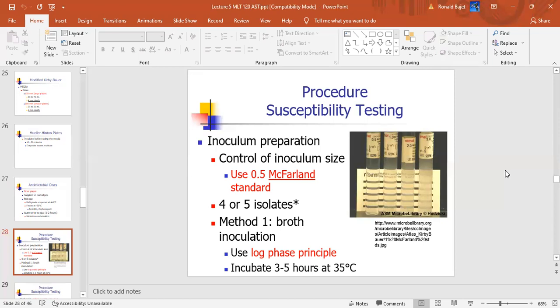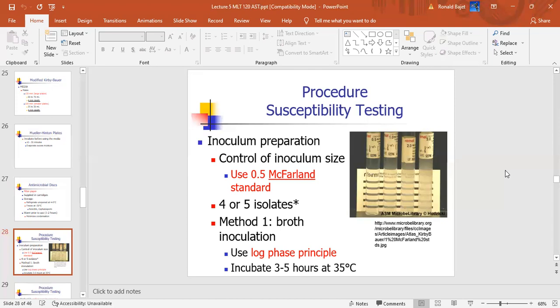The growth curve is that the growth of an organism starts pretty steady, and then it ramps up, goes into a plateau, and comes down. This area here is log phase.